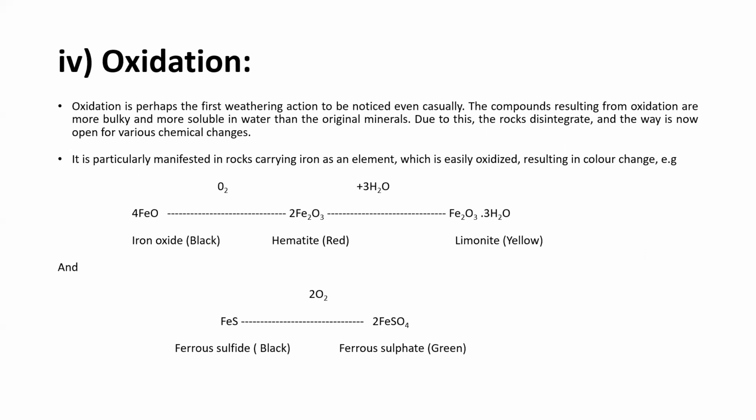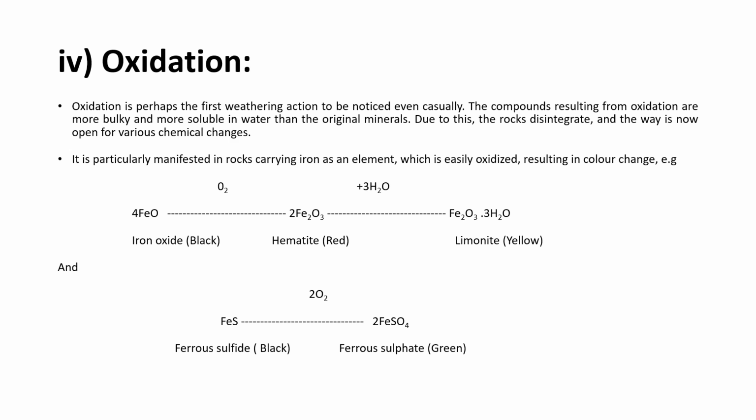Fourth one is oxidation. Oxidation is perhaps the first weathering action to be noticed even casually. The compounds resulting from oxidation are more bulky and more soluble in water than the original minerals. Due to this, the rocks disintegrate and the way is open for various chemical changes. It is particularly manifested in rocks carrying iron, which is easily oxidized, resulting in color change.